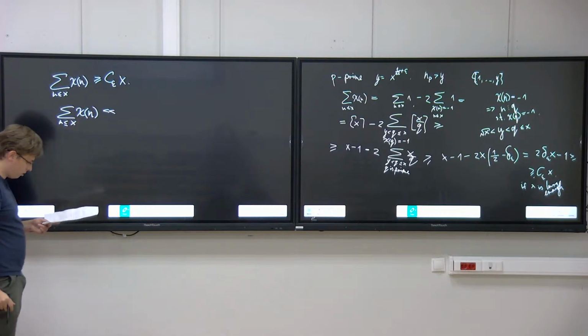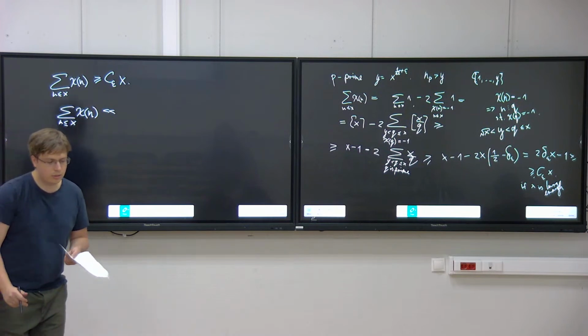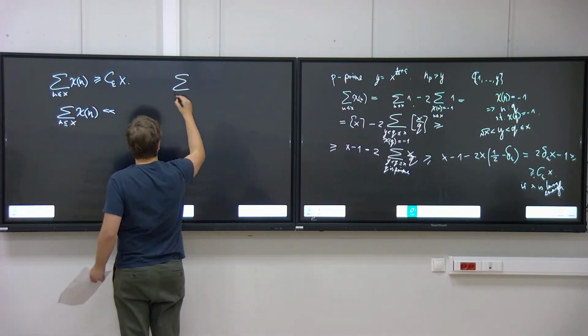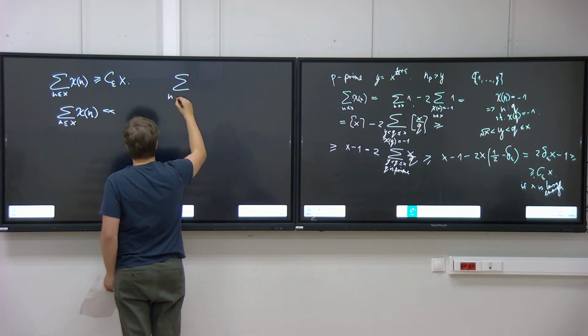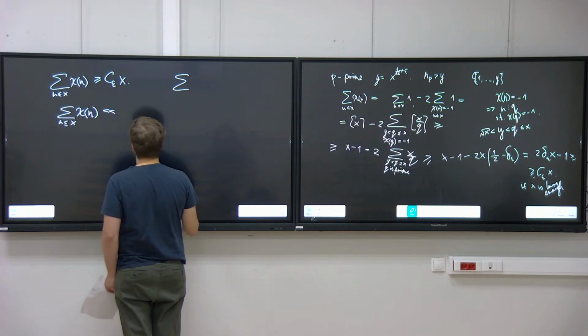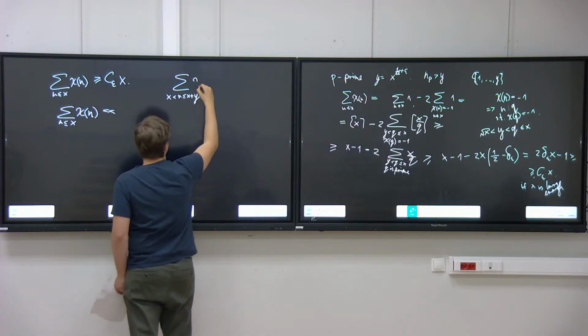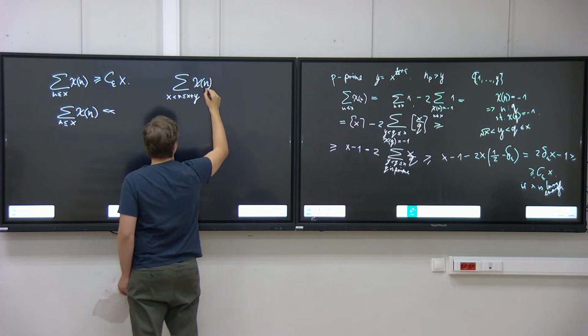Do you remember polynomial inequality? Okay, let me remind you. It says that sum from x, that such sums are bounded.